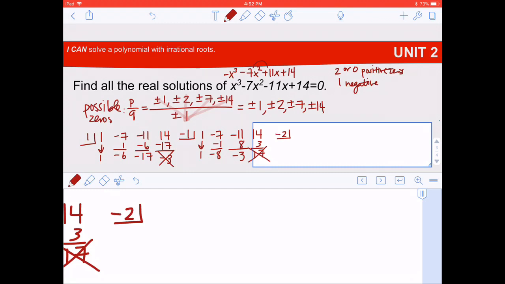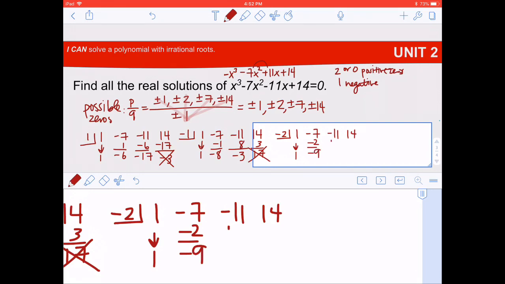So we're going to do this again, set up our polynomial, bring down the 1, negative 2, we get negative 9. Negative 11 plus 18 is going to give us 7, and we got a remainder of 0. Yes, I picked negative 2 on purpose. I knew it was going to be a 0, and there we go.